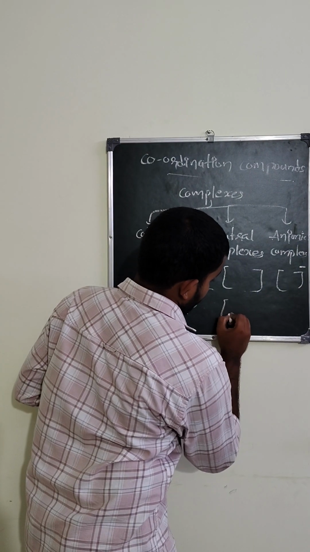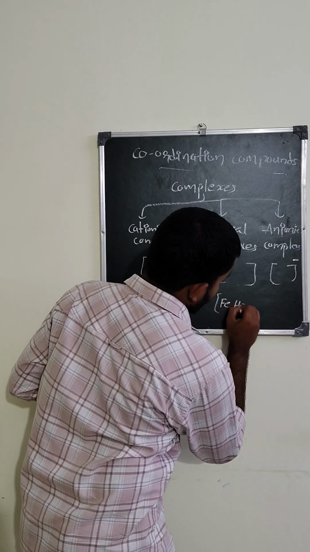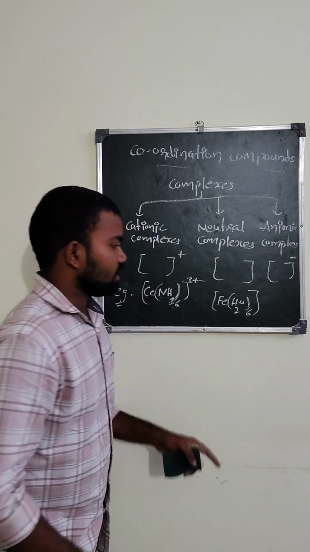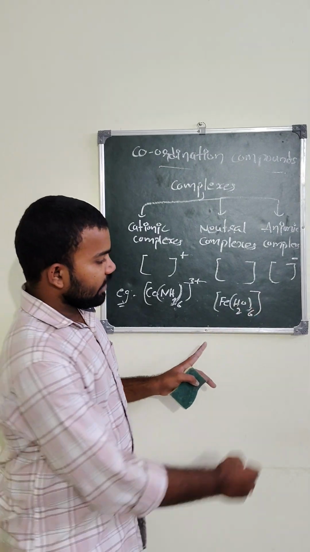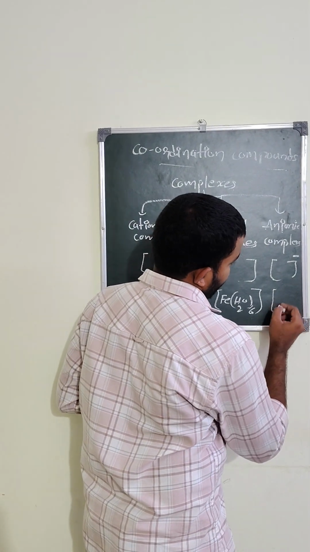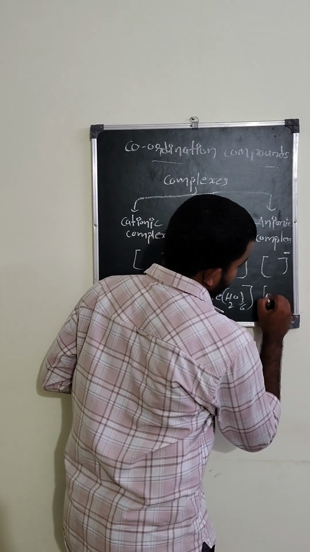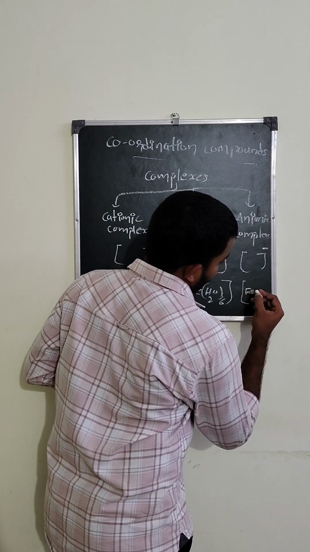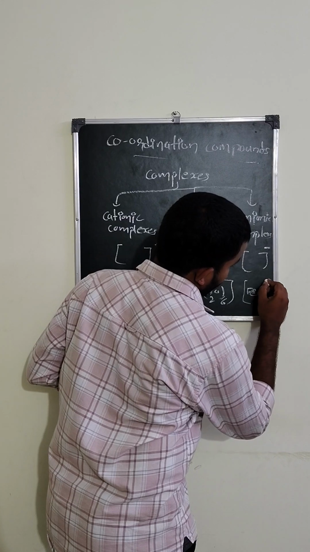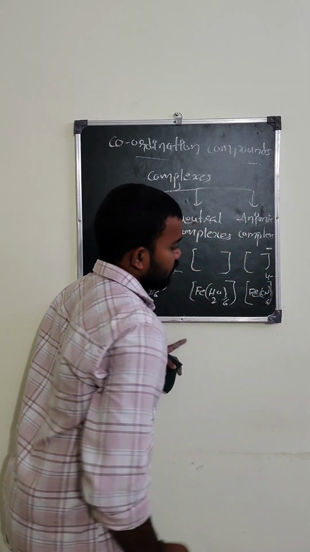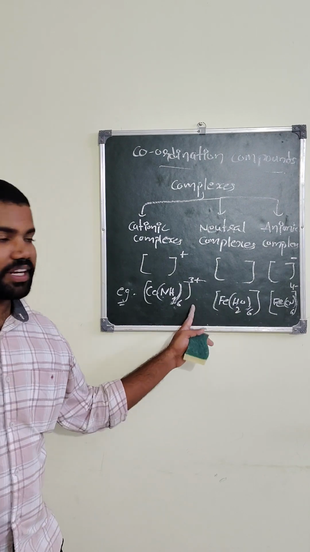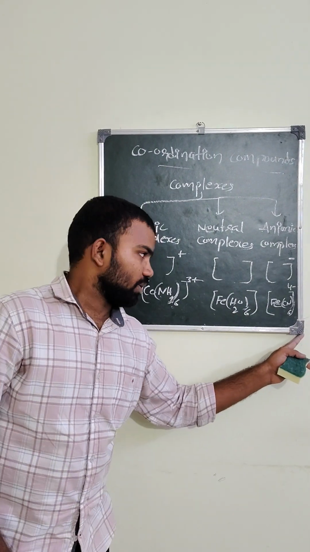For example, [Fe(H2O)6]. If you observe here, there is no charge present on the complex, so it is called a neutral complex. What is an anionic complex? If negative charge is present on the complex, that is called an anionic complex. So this is the difference between cationic, neutral and anionic complexes.